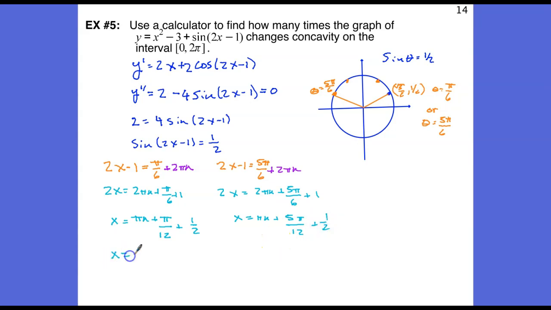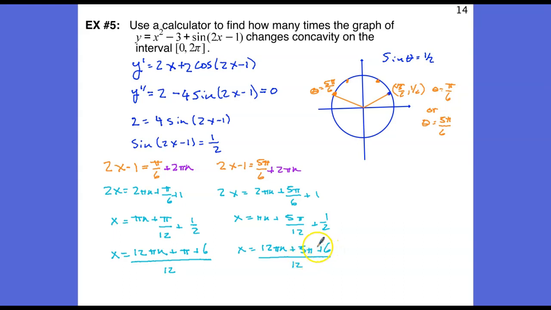And so x equals 12 pi n plus pi plus 6, all divided by 12, getting a common denominator. And x equals 12 pi n plus 5 pi plus 6, divided by 12.